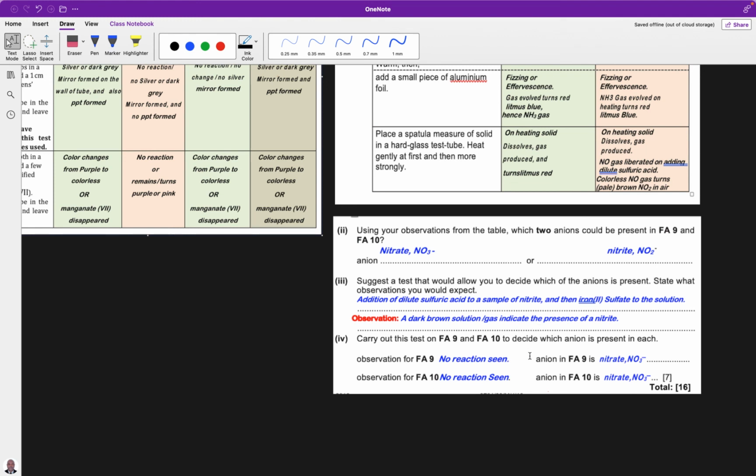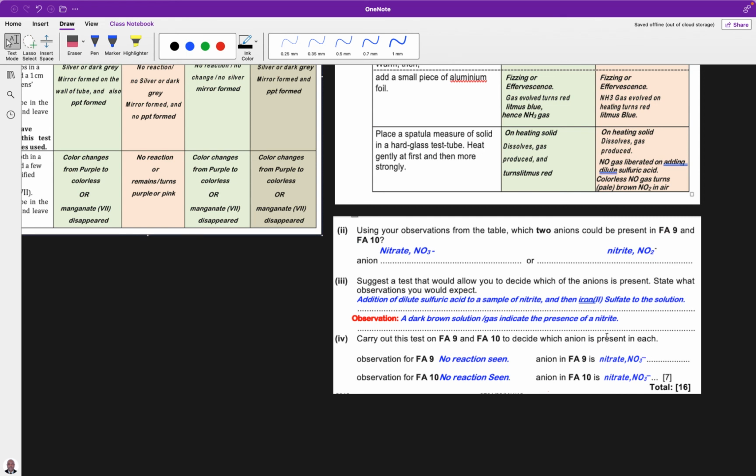So I concluded that Fa9 is a nitrate, and Fa10 also has a nitrate present in it. These are the answers I got during my lab session solving this qualitative analysis section.